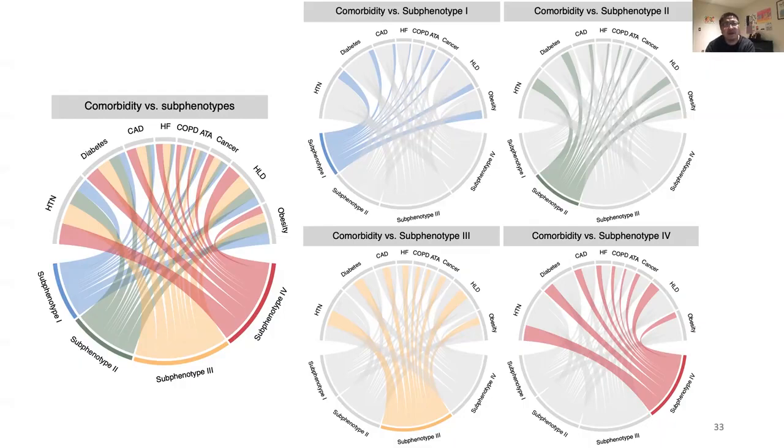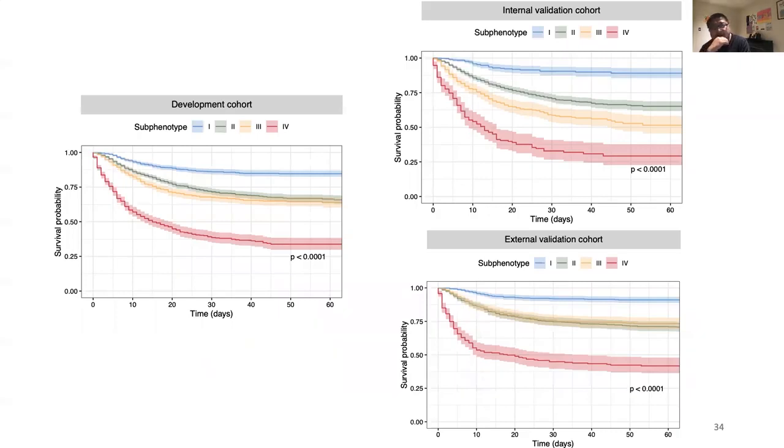Subphenotypes 2 and 3 are kind of similar, but subphenotype 3 has more comorbidity burden compared to subphenotype 2, while subphenotype 2 has more severe inflammation marker abnormal values.